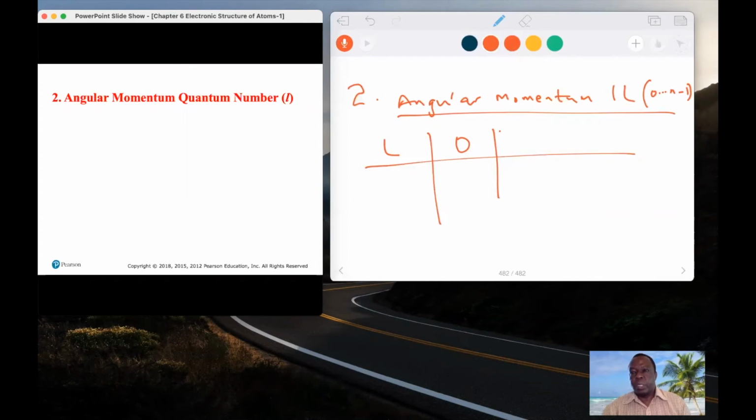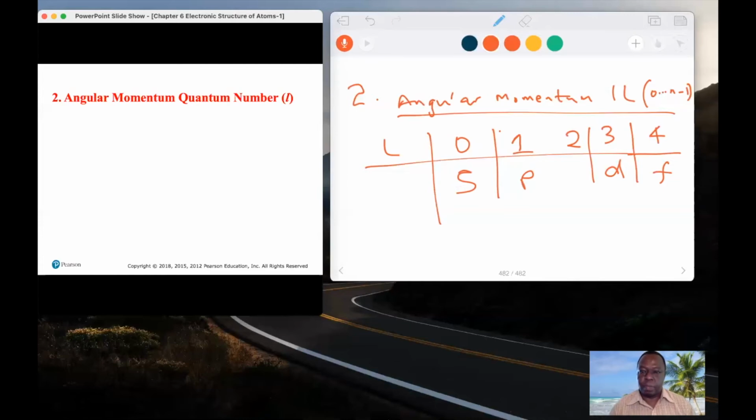Which means we need to know n in order to know the values for the angular momentum number. So if this is n, 1, 2, 3, and of course going to 4, maybe we have 4 there. You are familiar with s, p, d, and f sublevels.